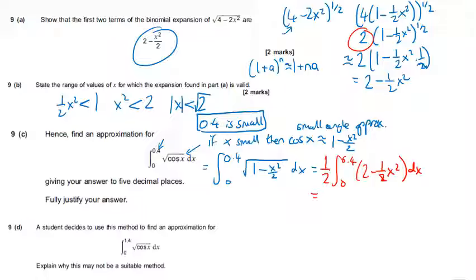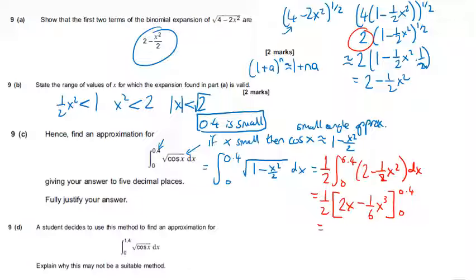And we can just do that integration quite easily now. So 2 integrates to 2x, a half x squared, that's going to be x cubed over 3, so that's going to be 1 over 6 x cubed from 0 to 0.4.